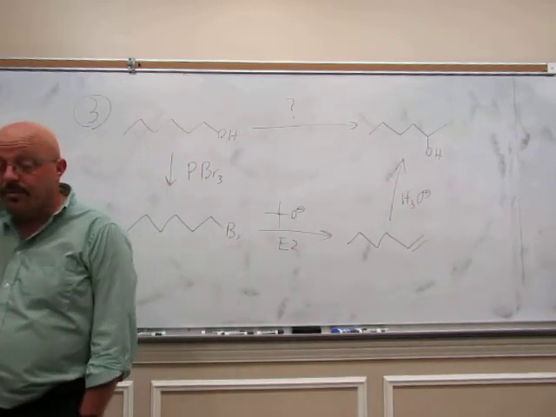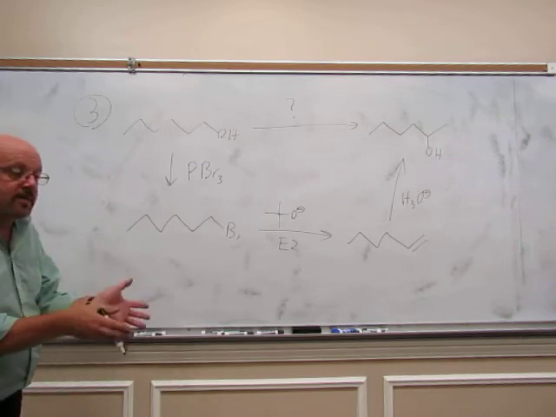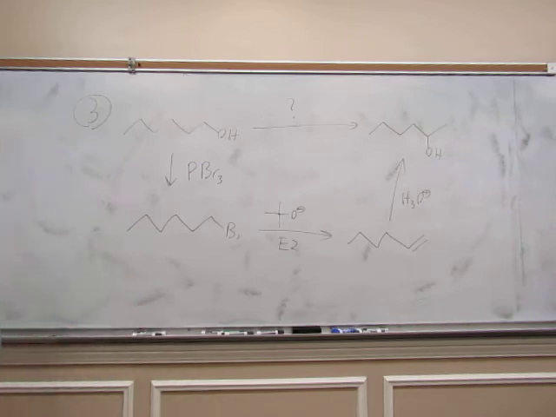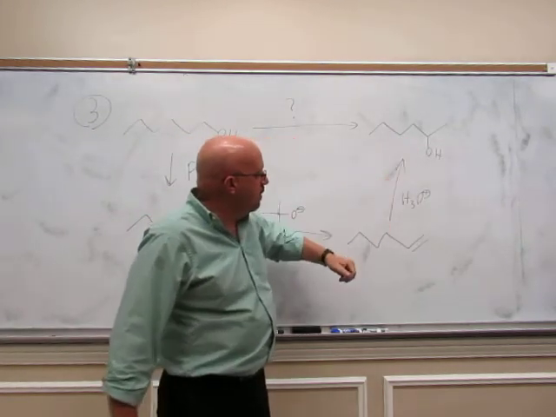So there's another option. There's different options for these. There's not always just one set way to do these reactions. Let's see, what else? We talked about a lot of ways here, going from the alkene to that alcohol.